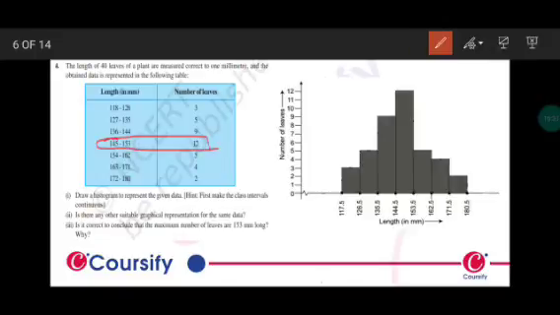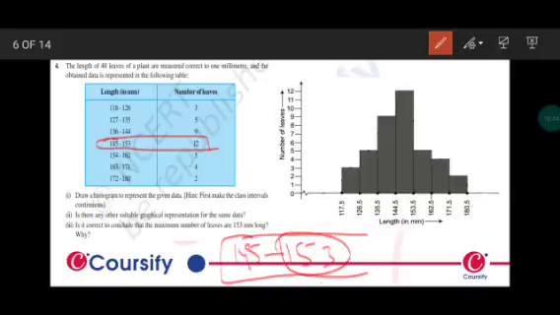We have the interval given as 145 to 153, but we do not know the maximum number of leaves with the largest length, so we cannot state that the maximum number of leaves are 153 mm long, because in this interval leaves of length 153 mm are not included, so we cannot conclude this statement.